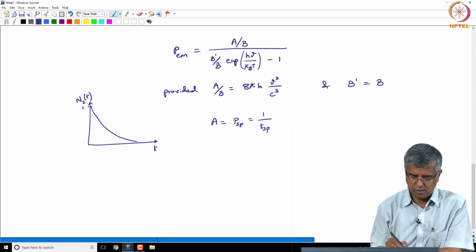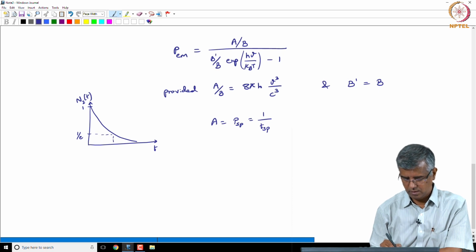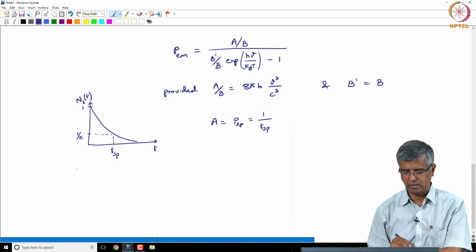If you say this is normalized to 1, where it goes to 1 over e, that corresponding time is what we call the spontaneous lifetime.